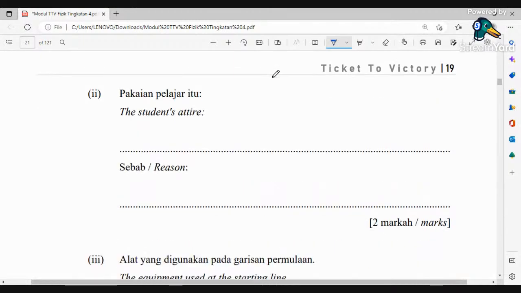Okay, the student attire, pakaian. Baju dia, seluar dia. Okay. Jadi pakaian kena macam mana? Mestilah fit and tight.